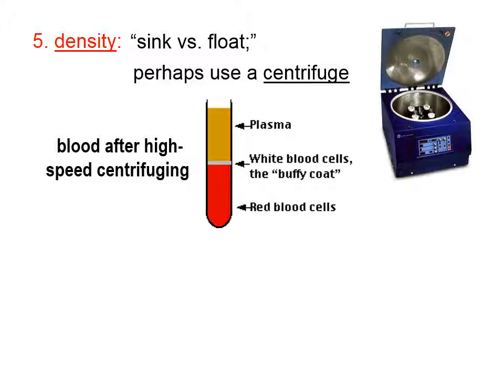Blood, for example, is a mixture, and the components of blood can be separated. If blood is subjected to a high-speed centrifuge, the red blood cells are slightly more dense and they will be at the bottom, and the blood plasma, being slightly less dense, will stay at the top.